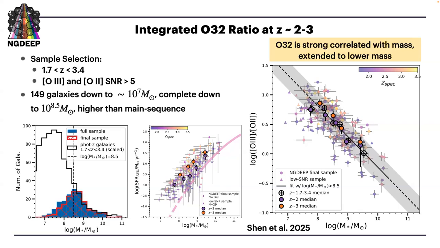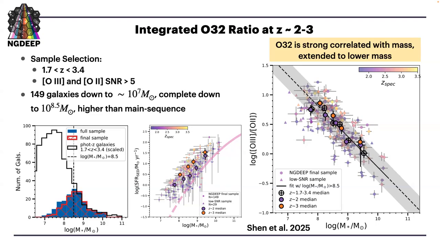And there are also some triangles; those are upper limits and lower limits. The larger dots are the medians, with the purple one at lower redshift, redshift 2, and the orange one at redshift 3.